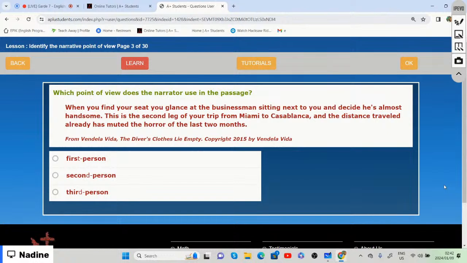When you find your seat, you glance at the businessman sitting next to you and decide he's almost handsome.